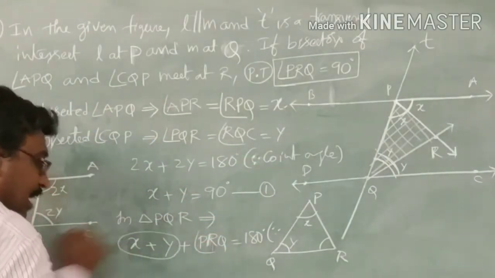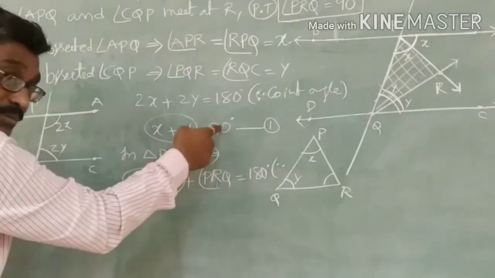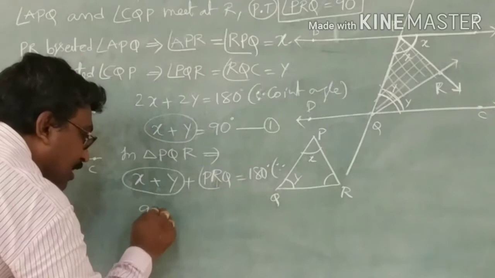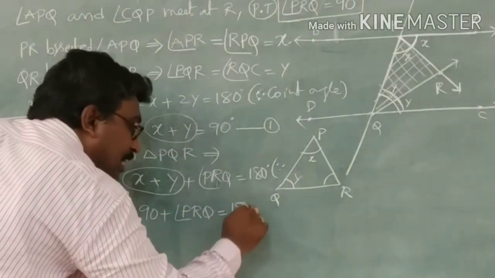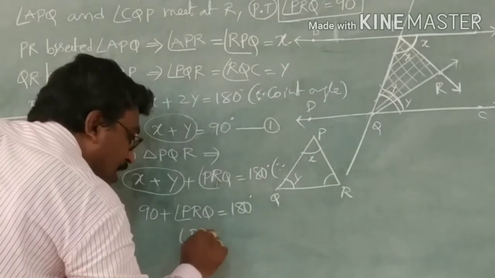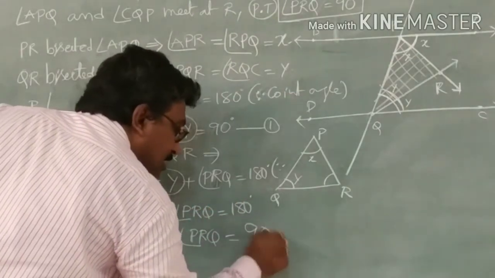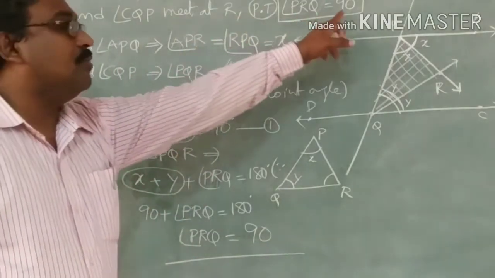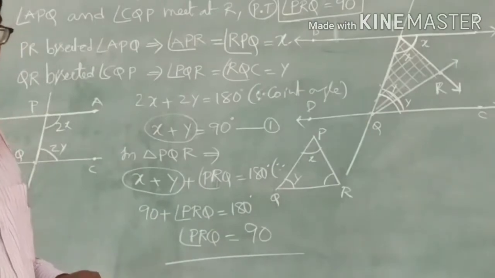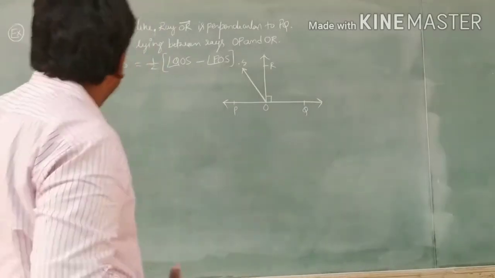Now X plus Y is equal to 90. Substitute here: 90 plus PRQ is equal to 180. So angle PRQ is equal to 180 minus 90, so angle PRQ is equal to 90 degrees. Is it clear? Okay children, we will discuss one more example in lines and angles.